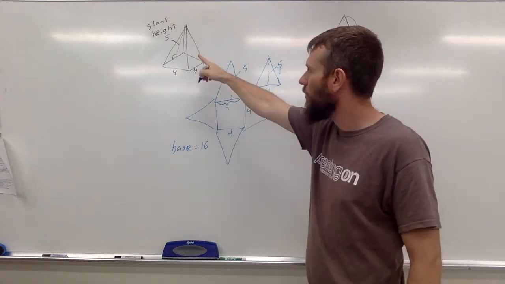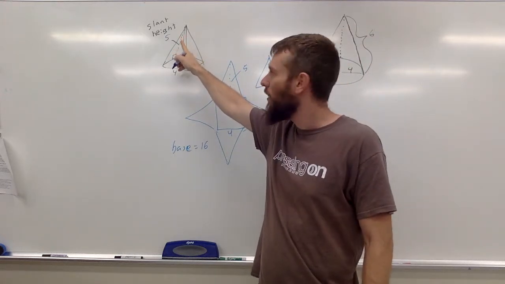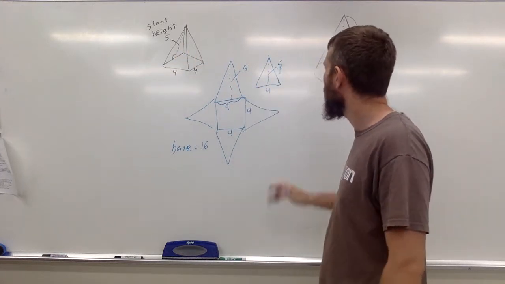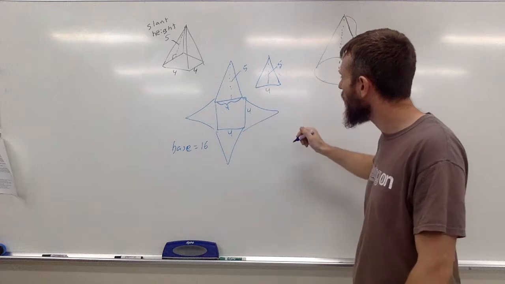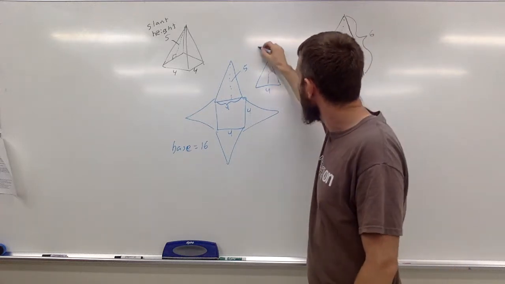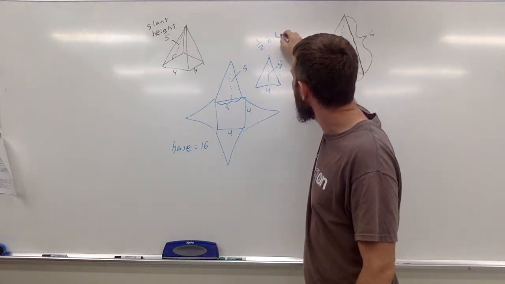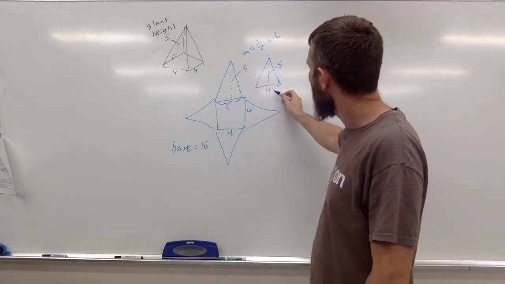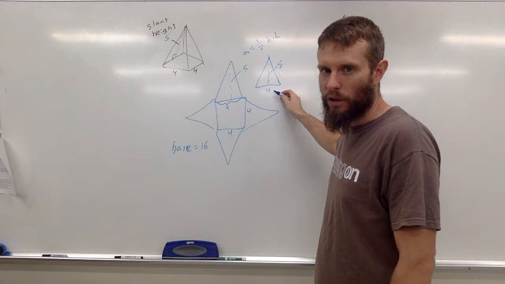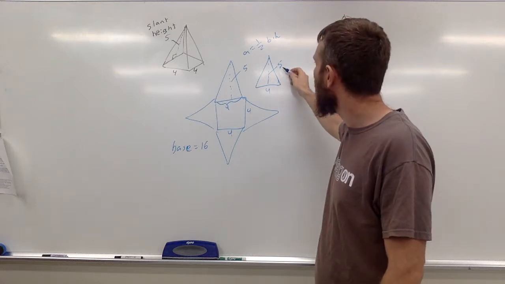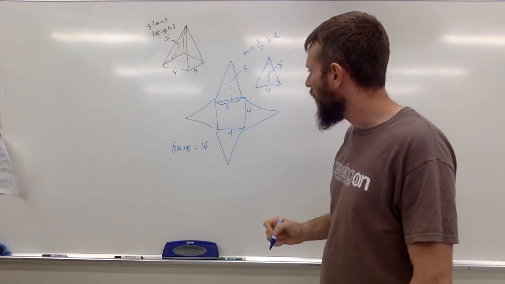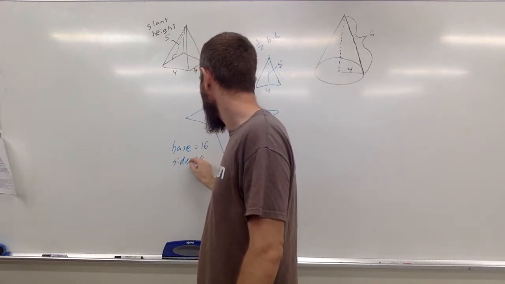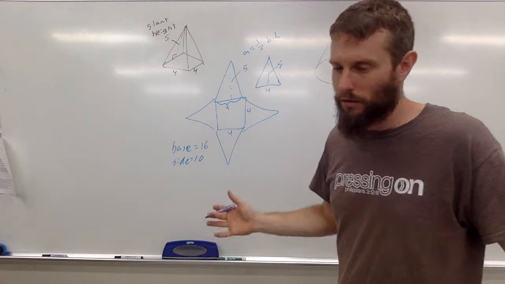So again, though this was the slant height of the pyramid, this is the height of the triangle. So we know that for a triangle, it's 1/2 base times height is the area, and so 1/2 of 4 is 2, and 2 times 5 is 10. So each side is 10, and then square units.